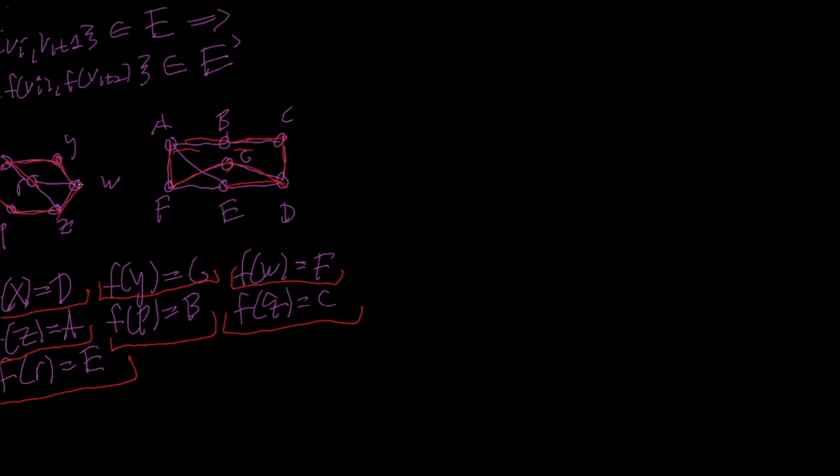We could view wr analogously to fe, since w maps to f and r maps to e. And finally, we could view the edge zr analogously to ea.